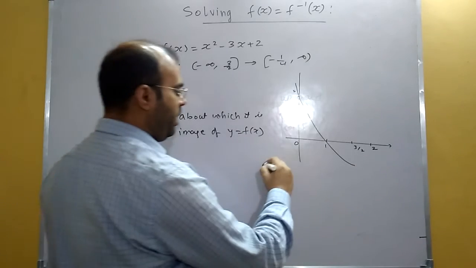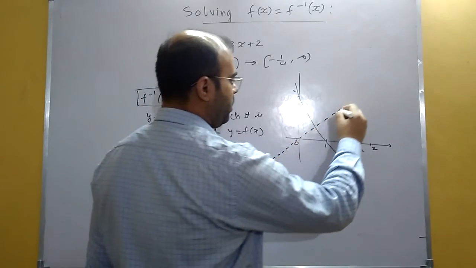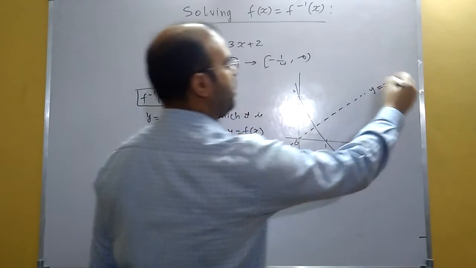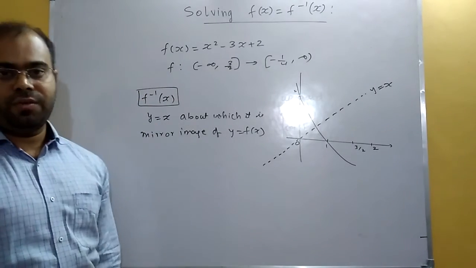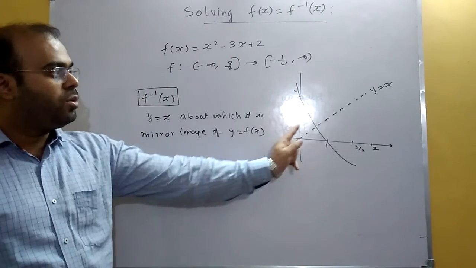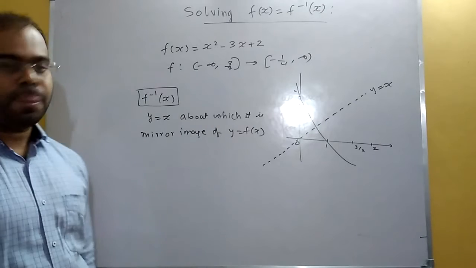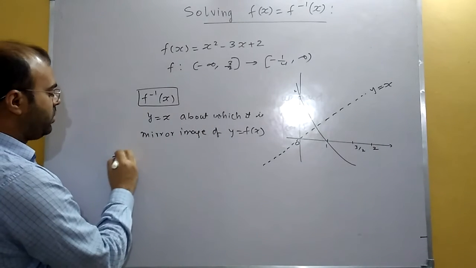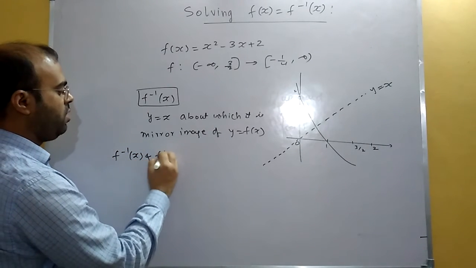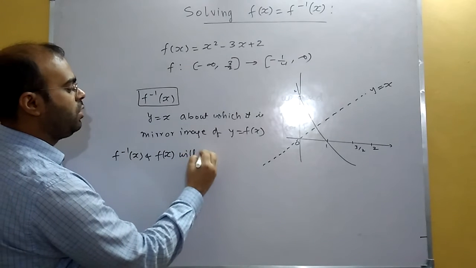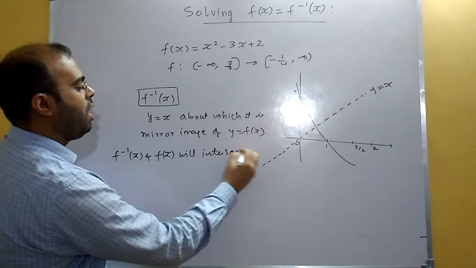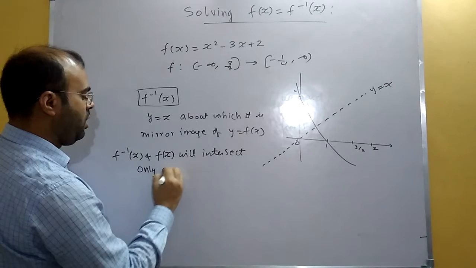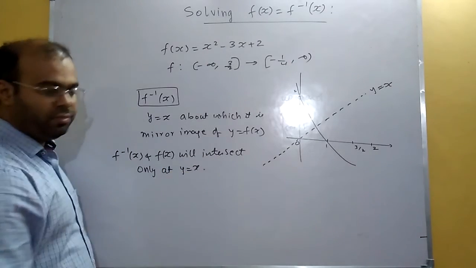We have to draw a line. That line is y equal to x, and the new graph of f inverse(x) will be a mirror image of this graph about this line. Then obviously f inverse(x) and f(x) will intersect only on y equal to x.